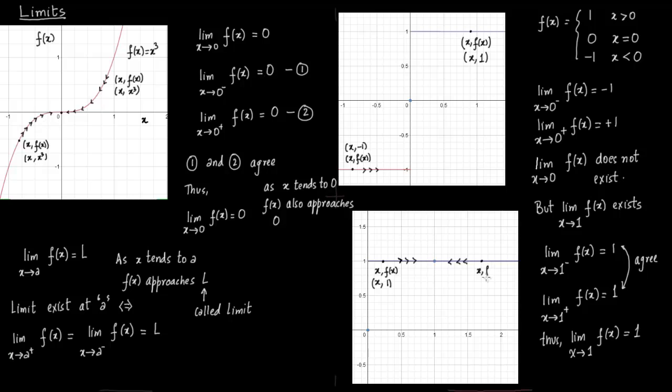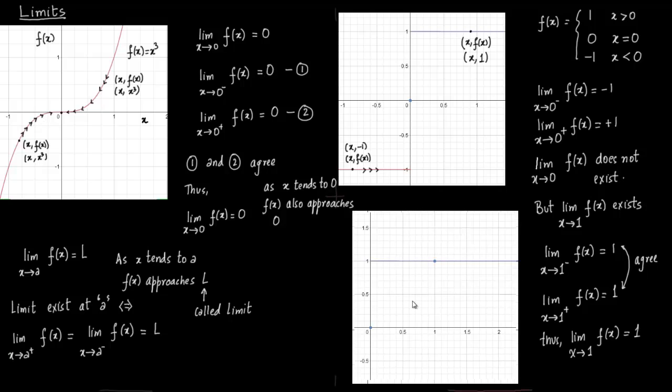Now we are approaching 1 from the positive side, that is from the numbers slightly greater than 1. Again f of x is fixed at 1. So you can see you're approaching this blue point here, and this blue point is the limit. And at this point again f of x is nothing but 1, as you can clearly see in the graph. So you can say that the limit exists here.